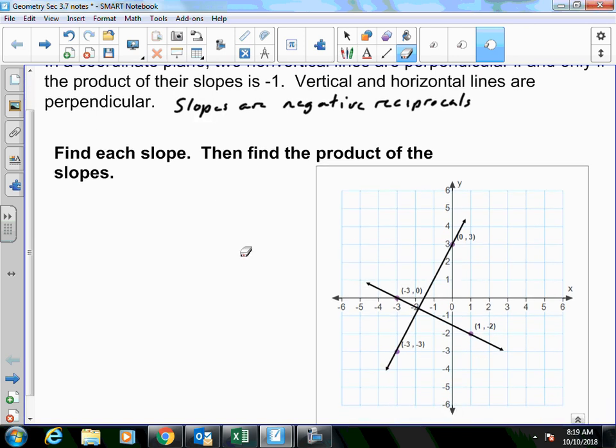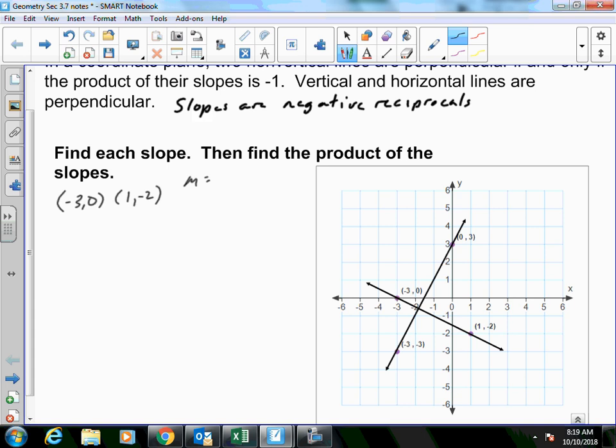All right, so starting off here, find each slope, then find the product of the slopes. Right, so starting off, we've got one line that has the points -3, 0, and 1, -2.